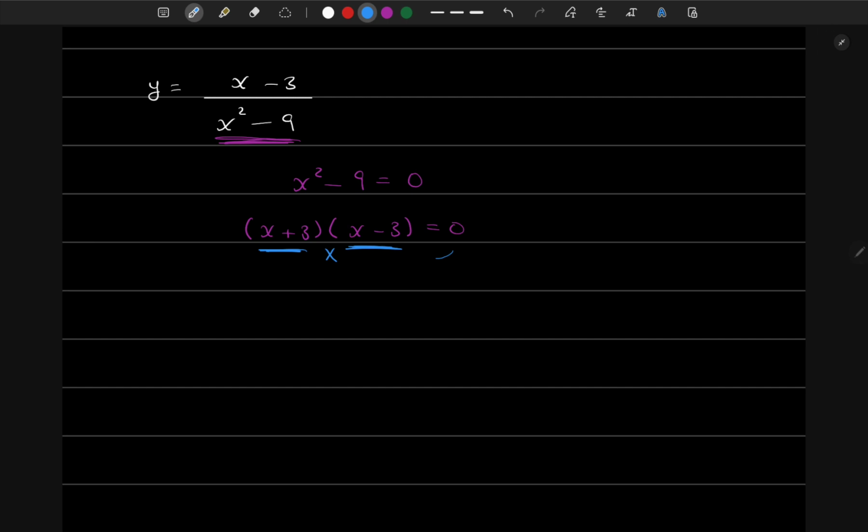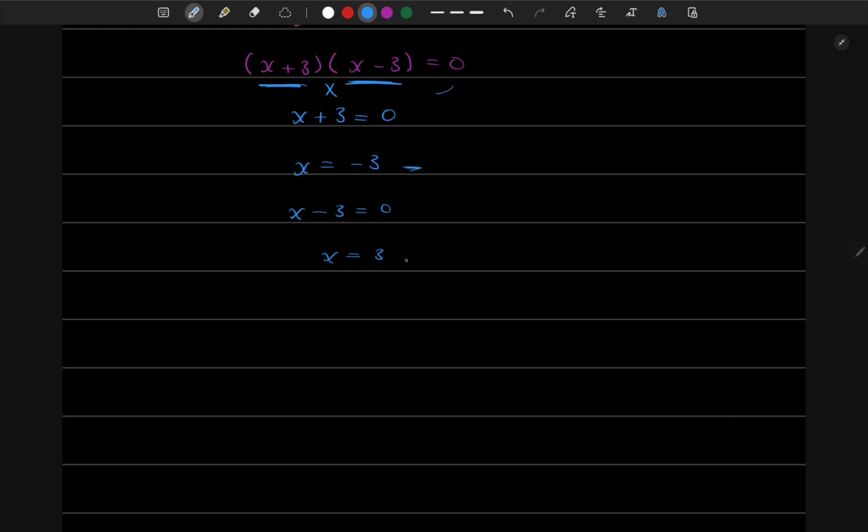One of those two values must equal 0. So x plus 3 is the first value; if it equals 0, then x is going to be negative 3. And the second value, x minus 3, if it equals 0, then x is going to equal positive 3.